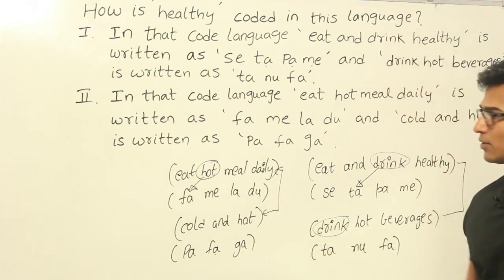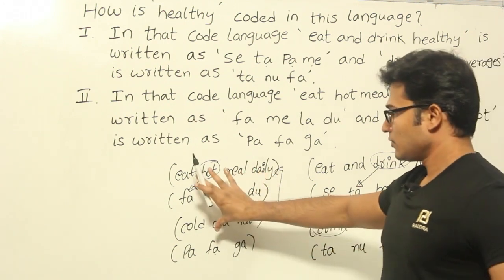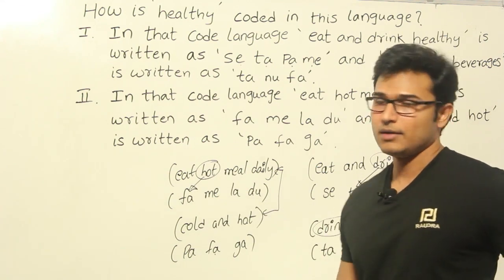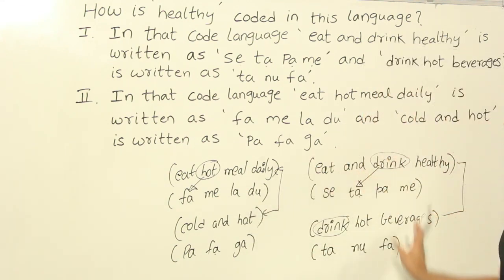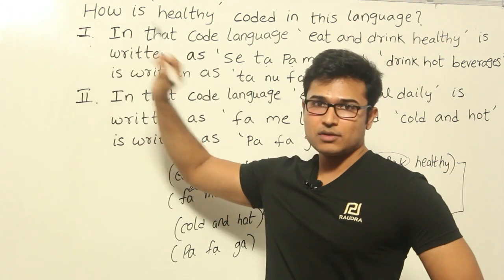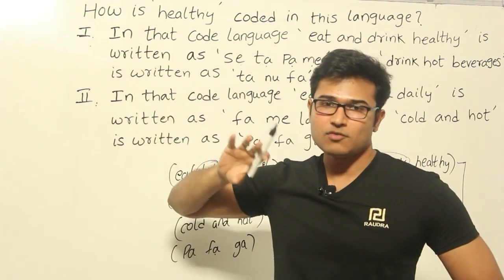But you cannot say anything about "healthy." By using the information in statement number 2, you will not be able to derive anything about "healthy." But if you combine all these 4, maybe you will be able to derive it. The options are: using only statement number 1, you will not be able to say what "healthy" is; using only statement number 2, you will not be able to say what it is.